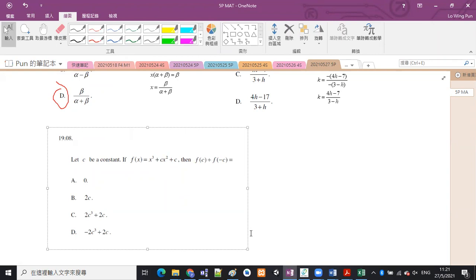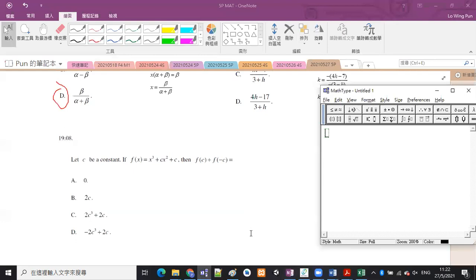Okay, we have f(x) being x cubed plus c x squared plus c, right? This is the formula. This is the original formula. And then I'm going to do preparation. I'm going to prepare for the f(c) first.